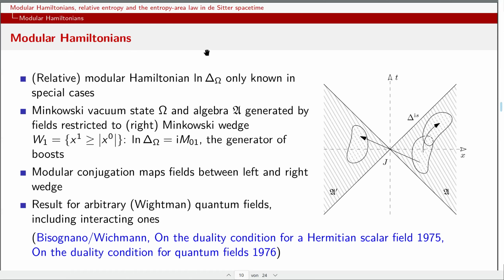This result is very important because it applies to arbitrary theories, even interacting ones. No matter what the interaction is, as long as it's local, so it satisfies the Wightman axioms, this result applies. The downside is that the right wedge is huge, it's infinitely extended, so it doesn't correspond maybe to a local measurement, something that an observer would see locally. Okay, but it's an example.